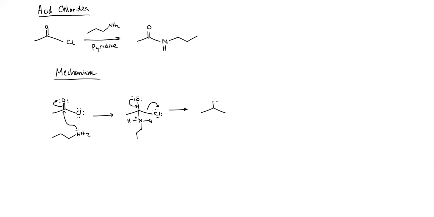So then I get this, and my N here has two hydrogens on it. It's positively charged, and the chlorine is going to be here as a counter ion. So Cl minus is a counter ion here, and I've made a salt. After this, pyridine is going to come in, and pyridine is just a good base.